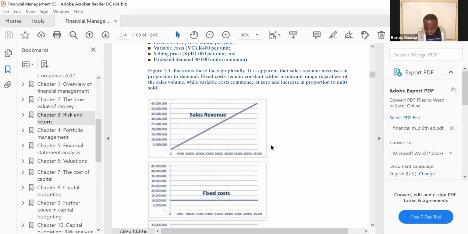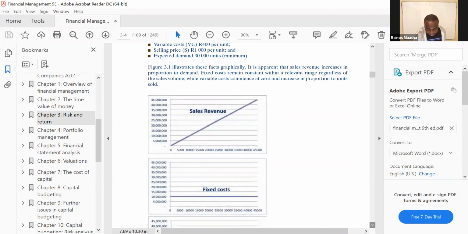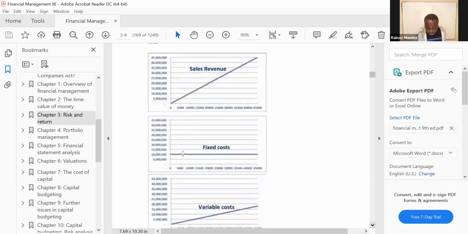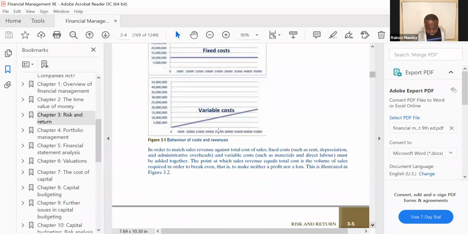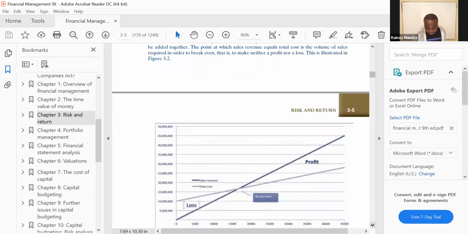The higher the number of units you sell, the higher the sales revenue you generate. Your fixed costs remain the same irrespective of how many units you sell. Then your variable costs are expected to increase depending on exactly how many units you sell.